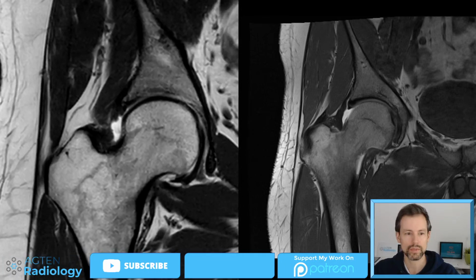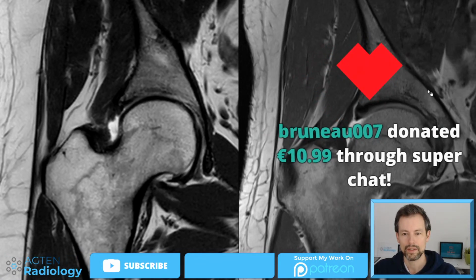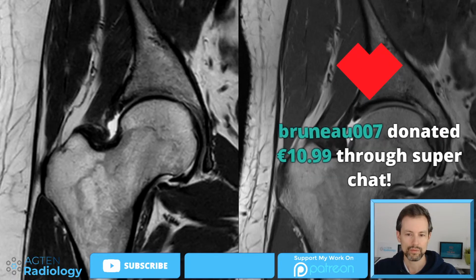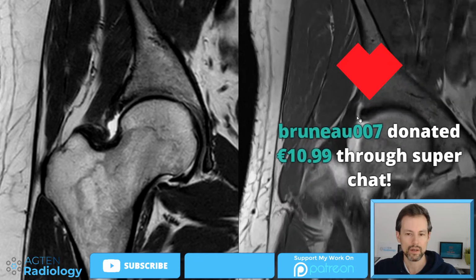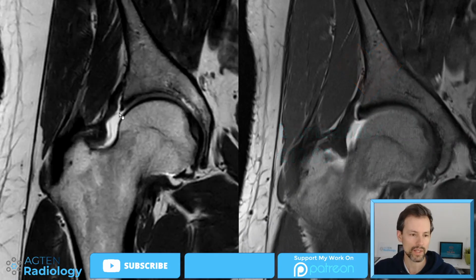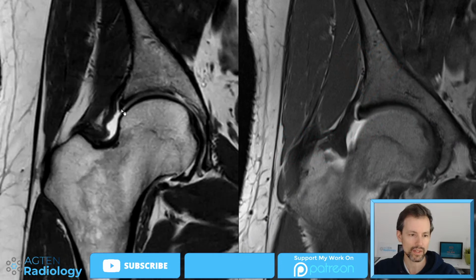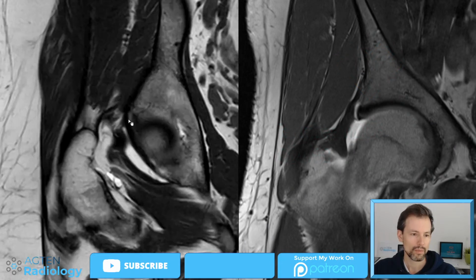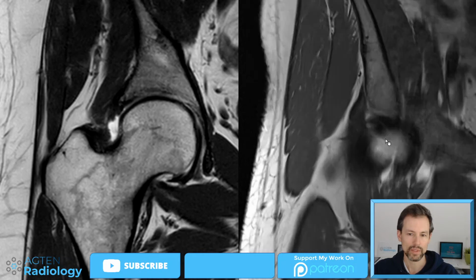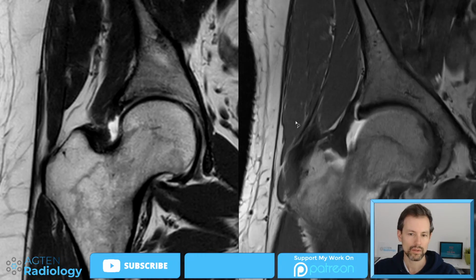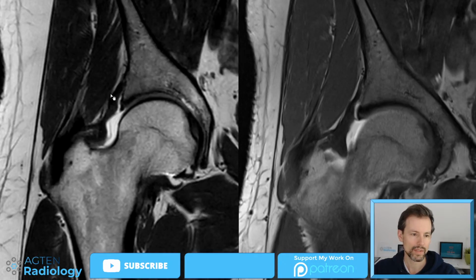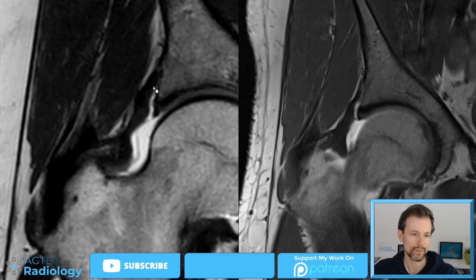Now let me just zoom in a little bit. So remember this perilabral sulcus. We have arthrogram and gadolinium in here, so we can nicely see how this is open. Now in the post-operative setting, we can still see it here, interestingly enough. In the more maybe posterior aspect, it's completely gone, not well visualized, and we can see the pars reflexa here.